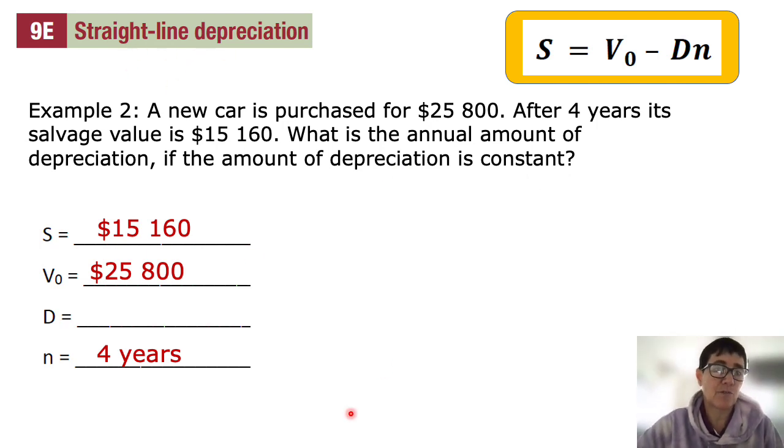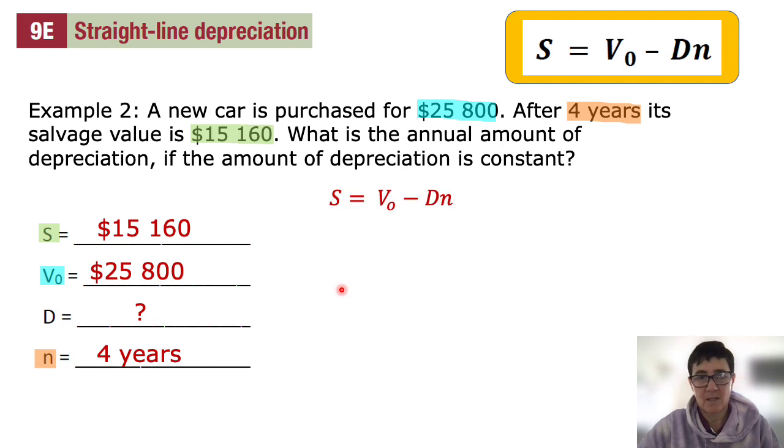So again, we're going to go through the formula. So salvage value, it was worth $15,160. The original value, there it is in the question, $25,800. The number of time periods, 4 years in the question, and the amount of depreciation, that's what it's asking us. So we're not sure, okay?